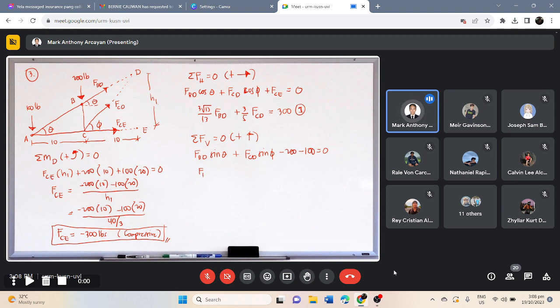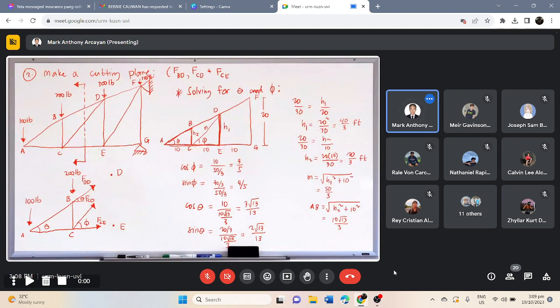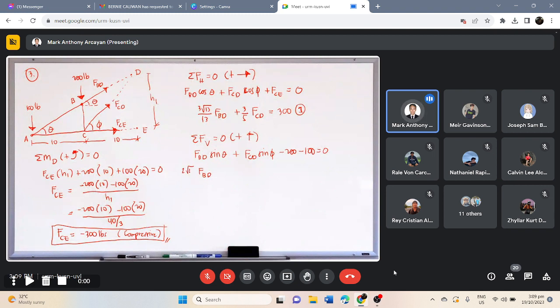So our FBD sin theta is equal to 2 square root of 13 over 13. Then our sin phi for CD is 4/5. So plus 4/5 FCD. Then transpose, that is equal to 300. 200 plus 100 is 300.